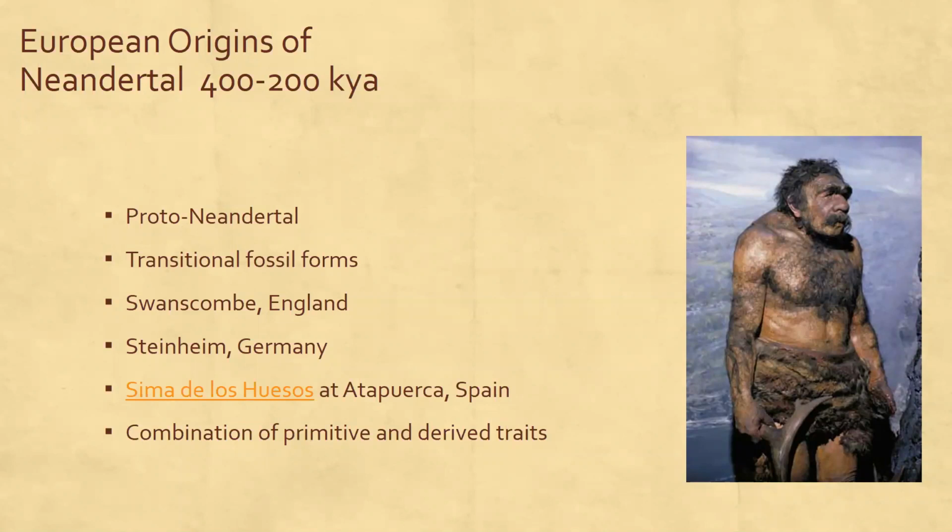Some early versions include Swanscombe in England and Steinheim, Germany. We also want to mention a very important site, Cima de los Huesos at Atapuerca in Spain, where you see a combination of primitive and derived traits in these fossil forms.